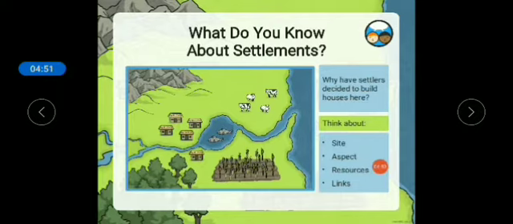Is it about the aspects? When we talk about the aspects, we talk about the atmosphere. Is it sunny? What is the weather like in that area? Is it very windy, or is it rainy all the time in that area?